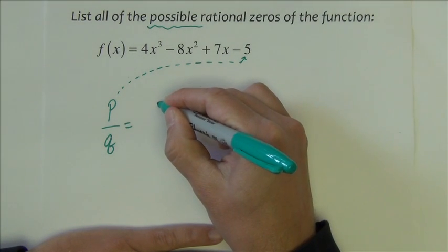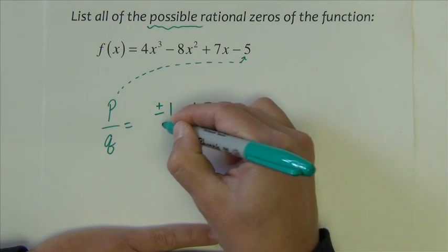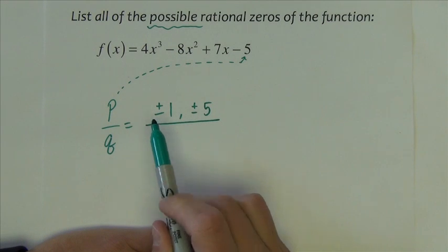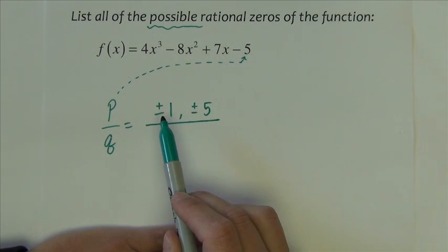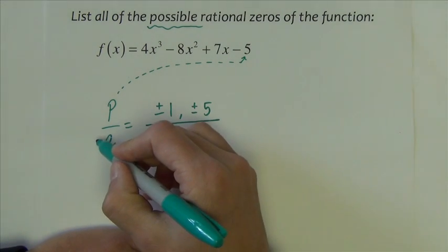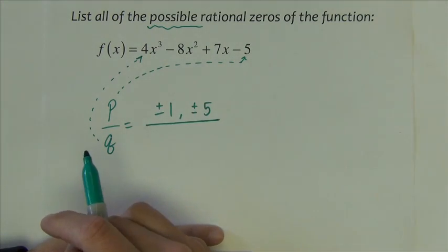Those numbers are only 1 and 5. Now I use plus or minus of each of them because to get negative 5 it could be positive times negative or negative times positive. So I have to have them both. And Q are all the factors of 4.